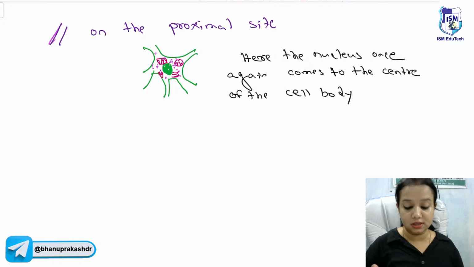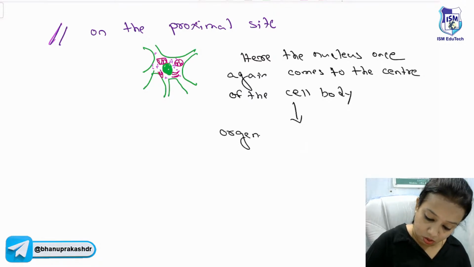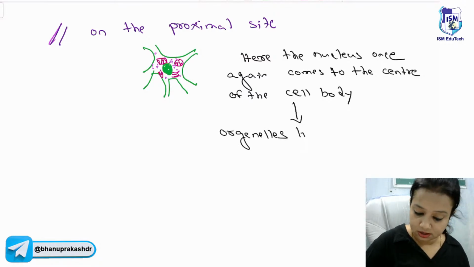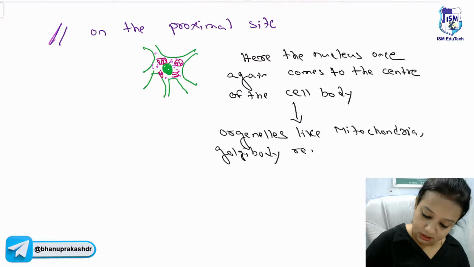Okay, it occupies the central position, and organelles like mitochondria and Golgi body reappear.